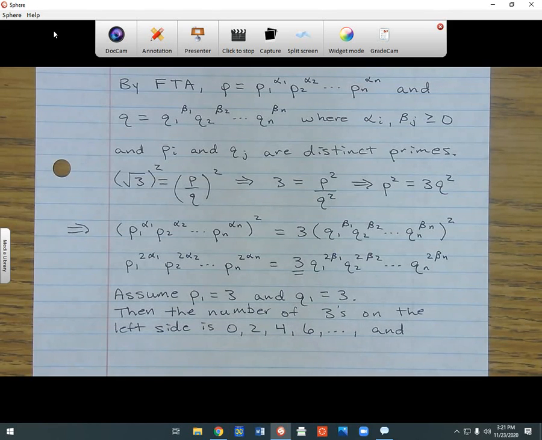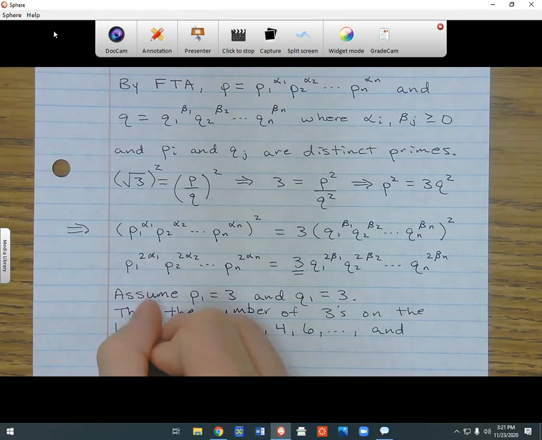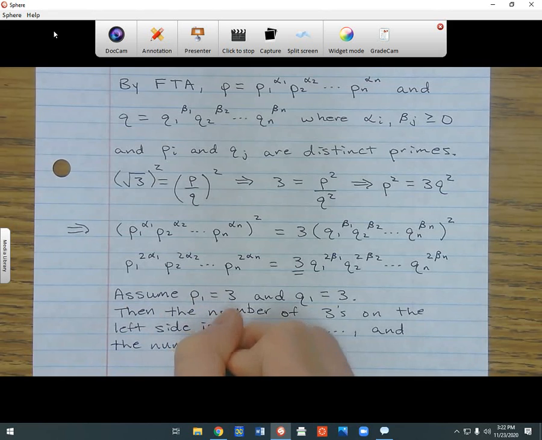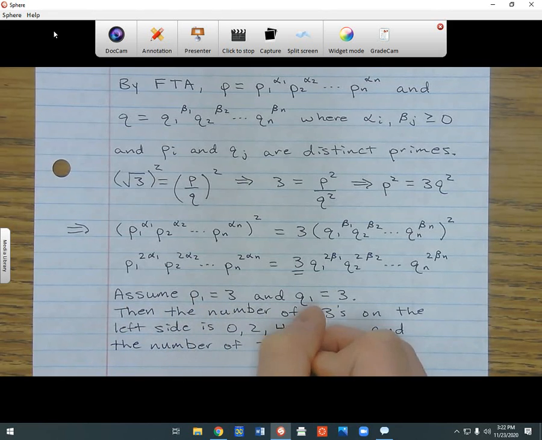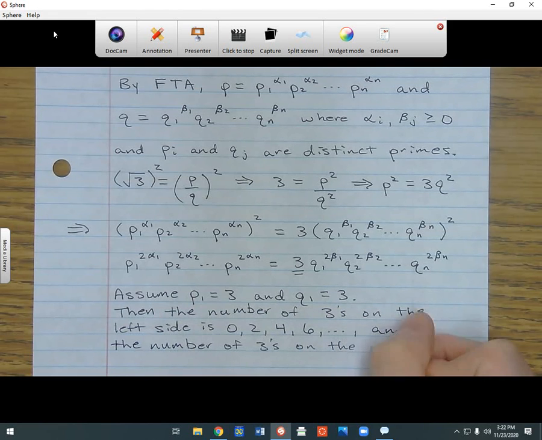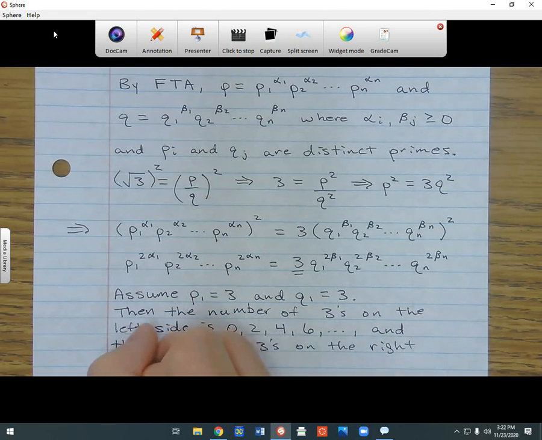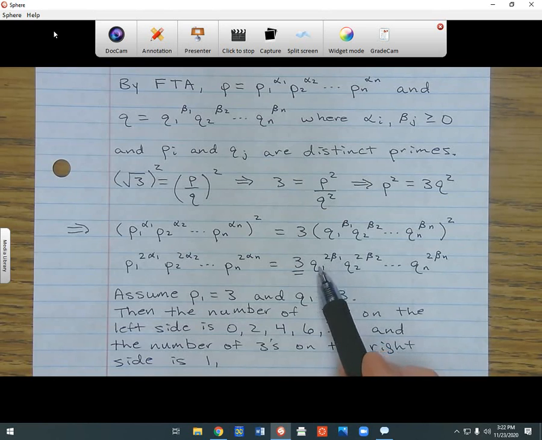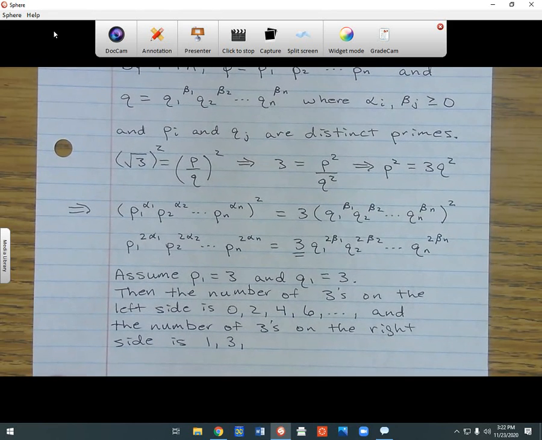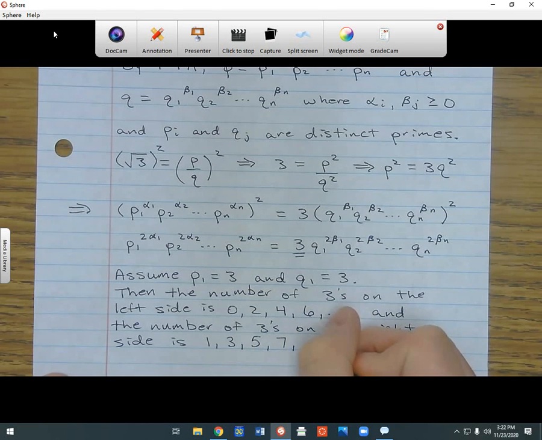So I can say the number of 3's on the right side is, it could be 1, but then if beta 1 was equal to 1, then I would have 2 3's, plus this one right here would make 3 3's, so I would have 3, and then the pattern would continue, right? Adding 2 each time. So I could have 1, 3, 5, 7, and so on, right?